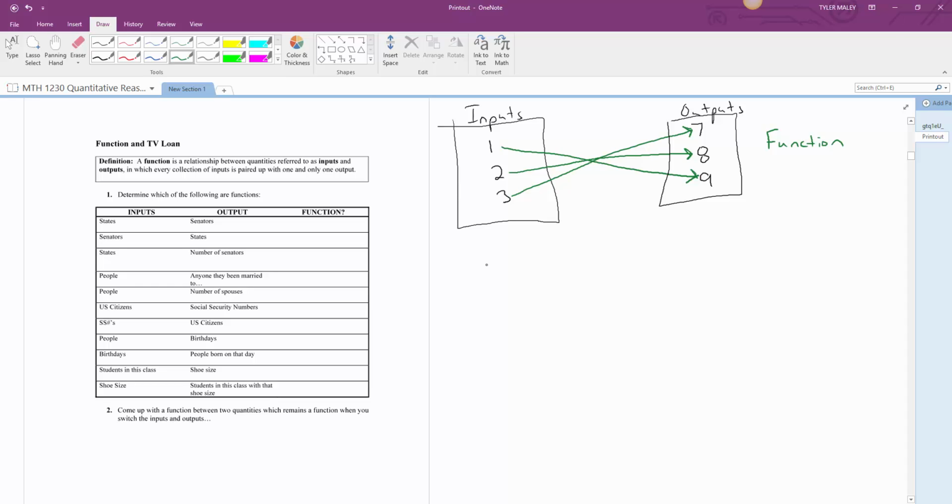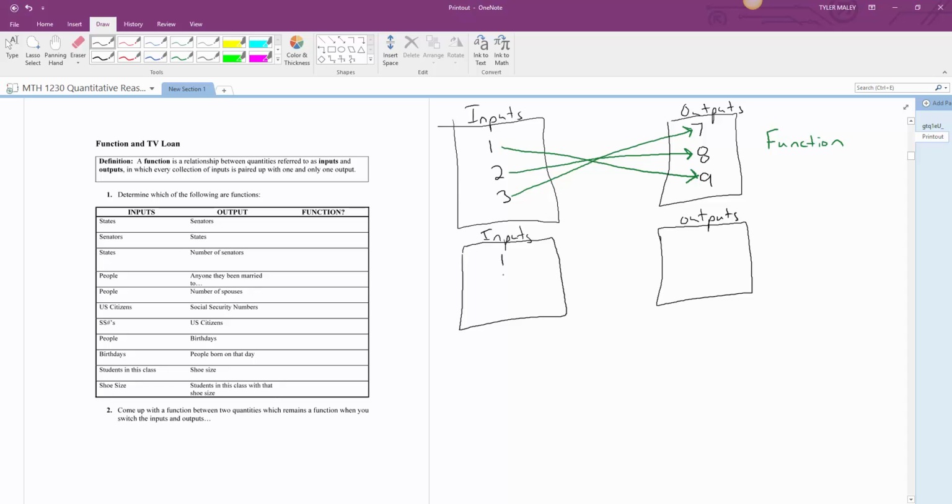So let's look at an example where something would not be a function, right? So again, I'm just thinking about this in the numerical sense for now. So if I had this box of inputs and this box of outputs, right?